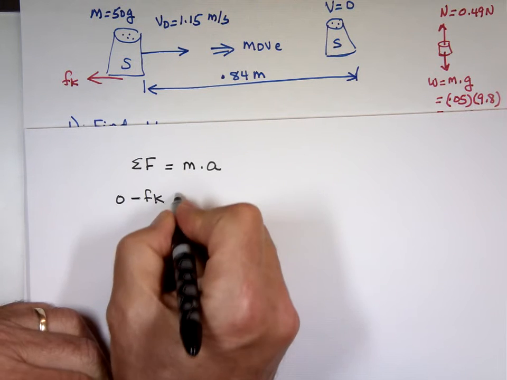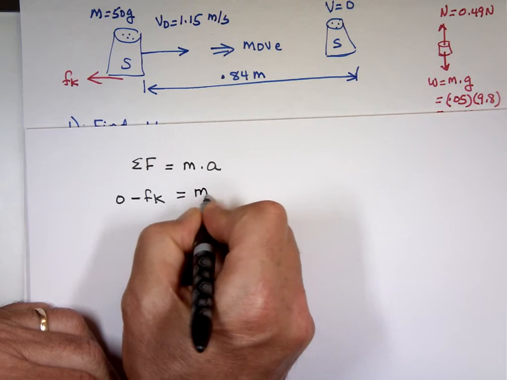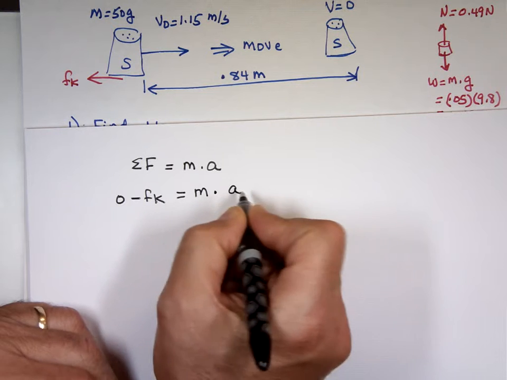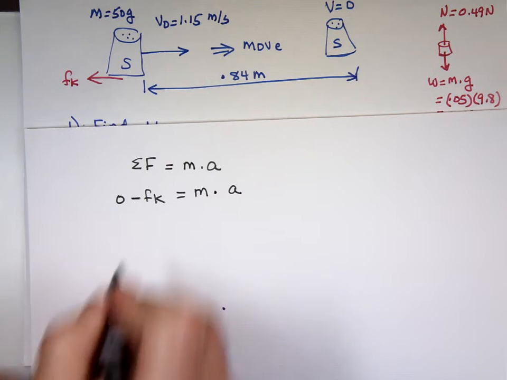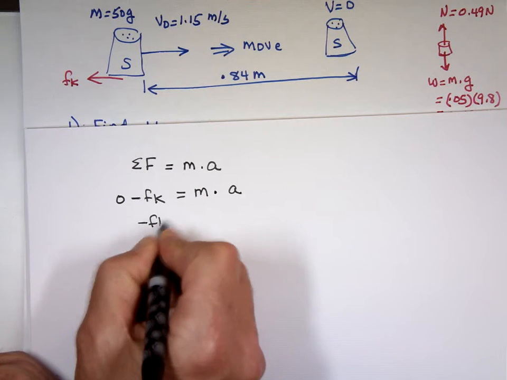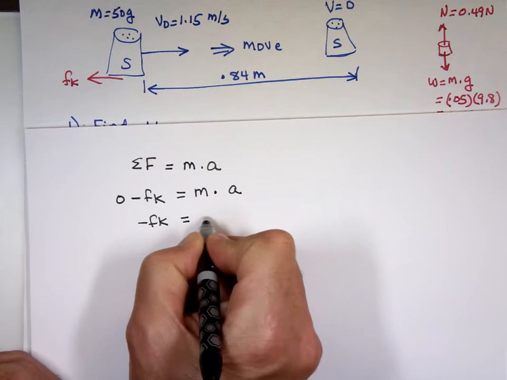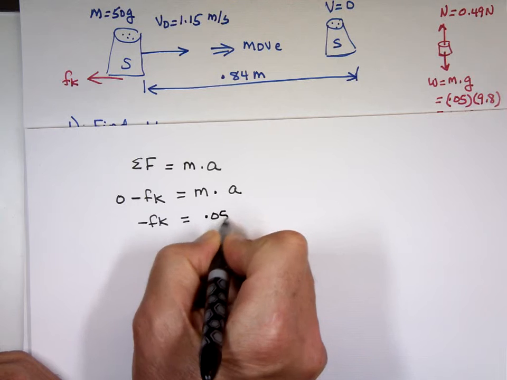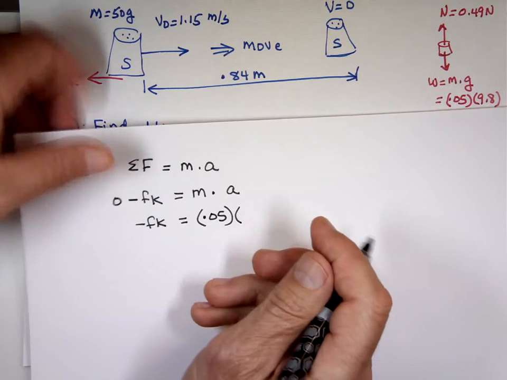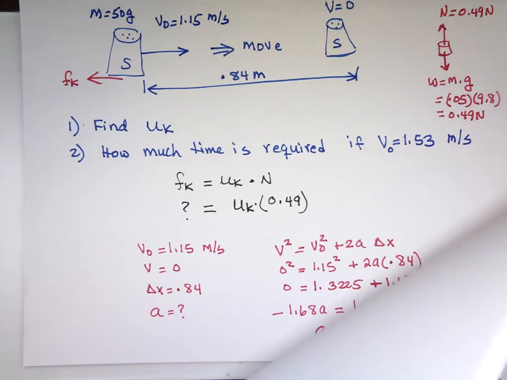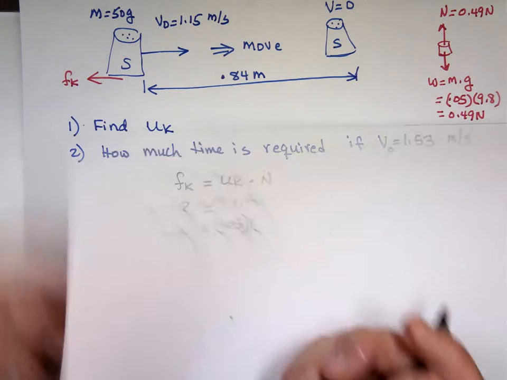It should equal the mass times the acceleration. So negative Fk equals, what was the mass of this? 0.05. The acceleration, we just calculated that 2 seconds ago. Where was it? Negative 0.787.